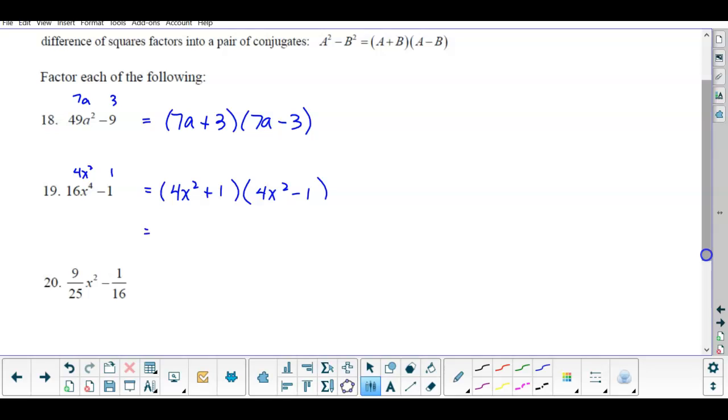So you can't factor 4x squared plus 1 again. But you can factor 4x squared minus 1. That would be 2x plus 1, 2x minus 1.